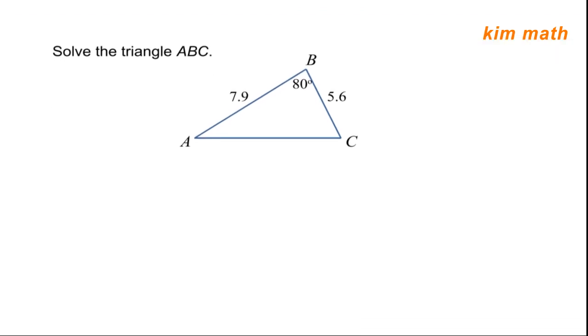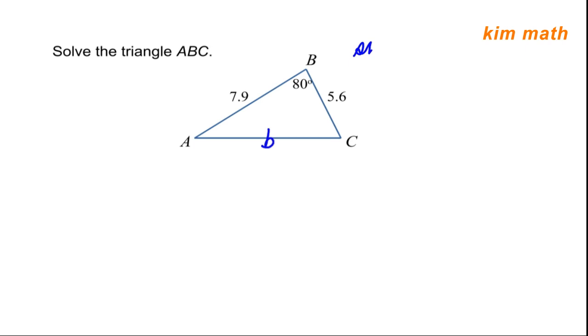Okay, we will use the law of cosines to solve triangle ABC. First, you may try to solve this triangle using the law of sines. Yes, this is quite a natural thing. Now, let me write the law of sines first.